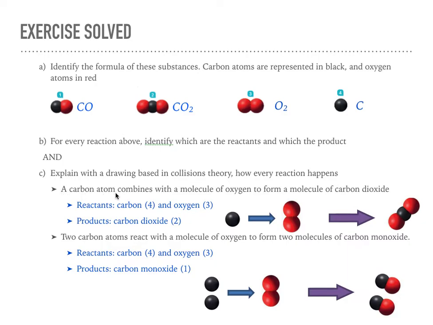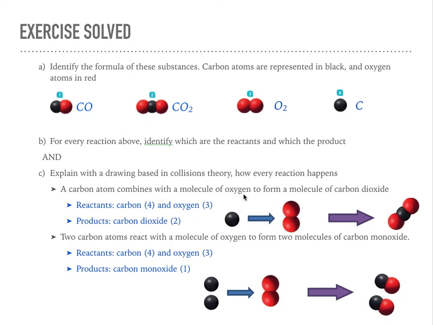A carbon atom combines with a molecule of oxygen to form, that means the arrow. So before forming are the reactants. So reactants are carbon atom and molecule, and carbon was number 4 and oxygen was number 3.